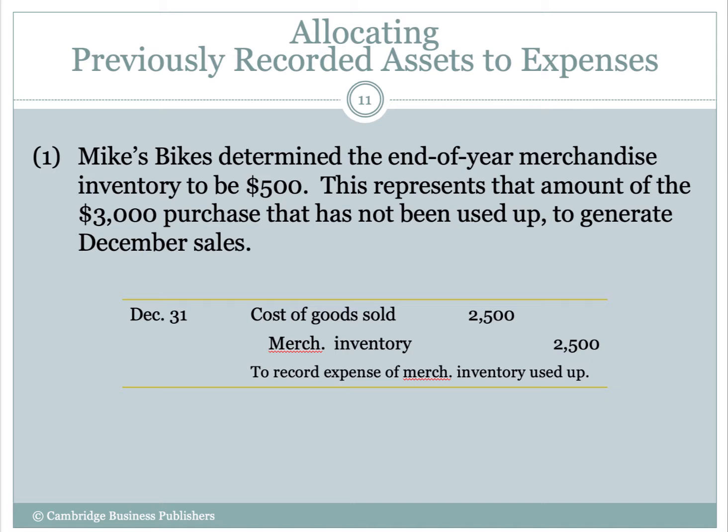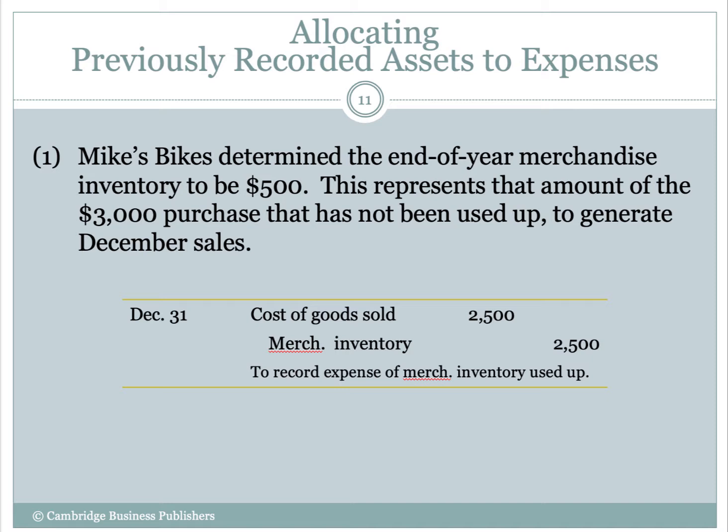Okay, we need to determine what is the cost of the merchandise sold, right? Well, we started off with zero. We added $3,000 to that merchandise inventory account. At the end of the month, we have only $500 left. So that means that we had to have used or had to have sold $2,500 worth of merchandise.